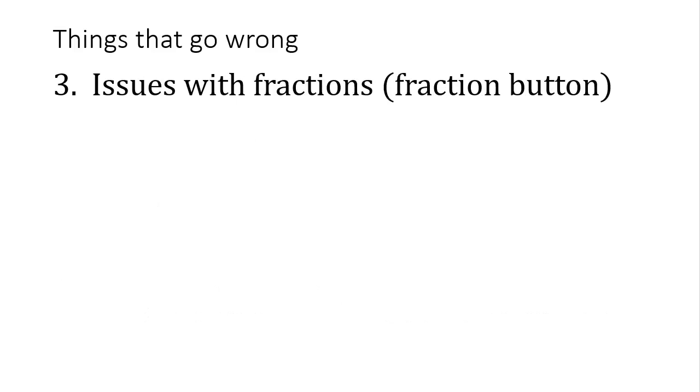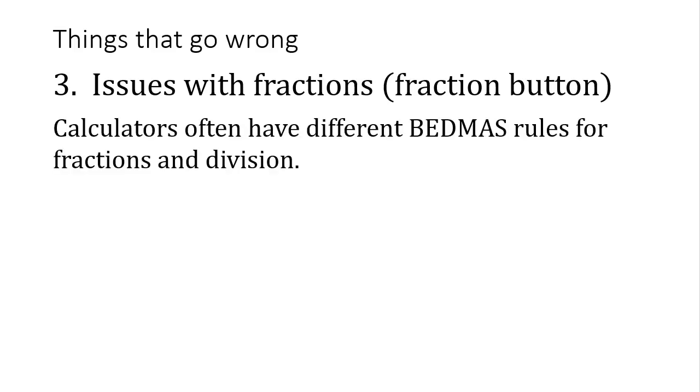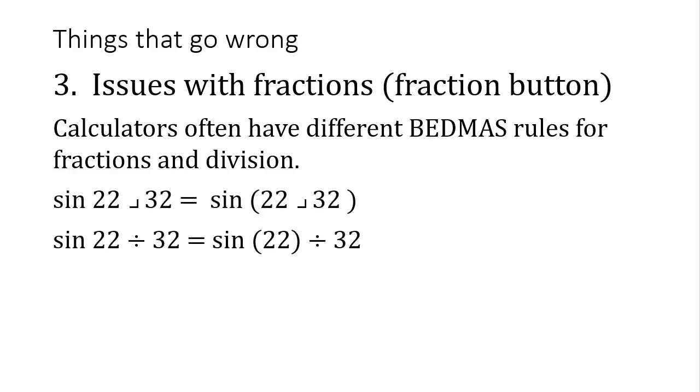Next up, issues with fractions, usually with the fraction button. The problem is that calculators do different mathematics rules for fractions and for division. So if you type these in your calculators, you will often get different answers. That's because a lot of calculators will read the 22 over 32 as inside the sine, whereas they will read division the other way around.